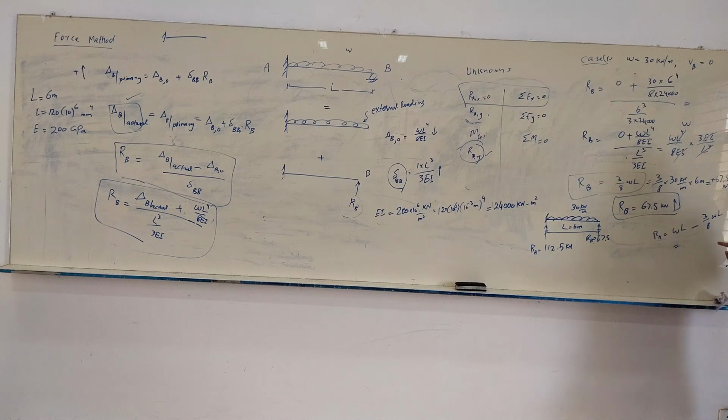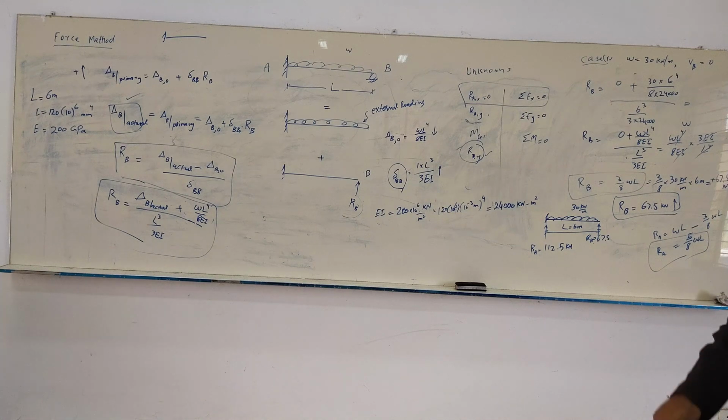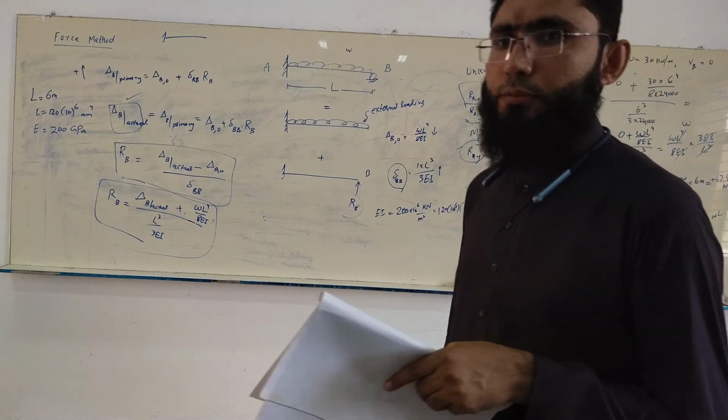So 1 minus 3 by 8 for the WL. You will get 5 by 8 WL if you want to keep working in terms of W and L. Okay. It is important to be able to do this type of calculation because it gives you a sense of how the two reaction forces compare with each other.